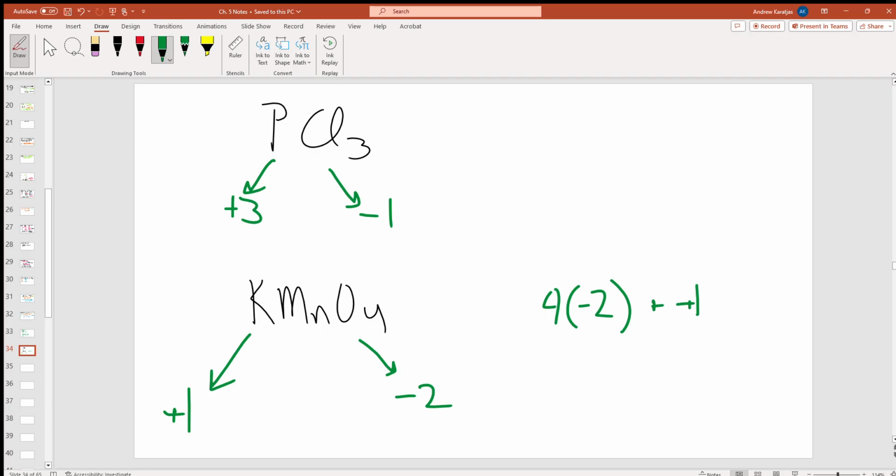So the atoms we know give us a total of -7. That means the remaining element, the manganese, because the potassium permanganate is overall neutral, needs to equal out to whatever value it needs to be to make it neutral. And the only way that it becomes neutral is if manganese here has an oxidation number of +7.